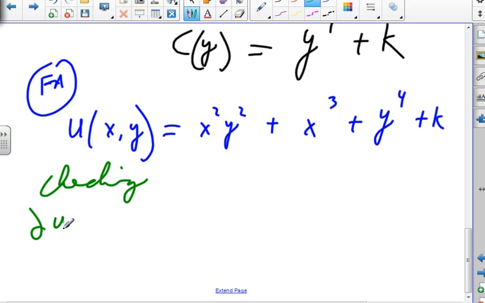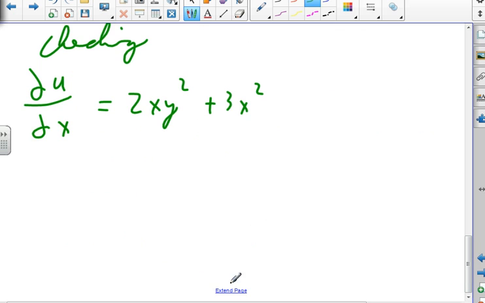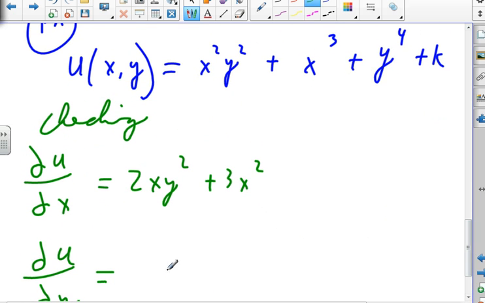The partial of u with respect to x: 2xy squared plus 3x squared. The partial of u with respect to y: 2x squared y plus 4y cubed. Is that the problem we have? And the answer is yes, it is. And our checking works. It checks.